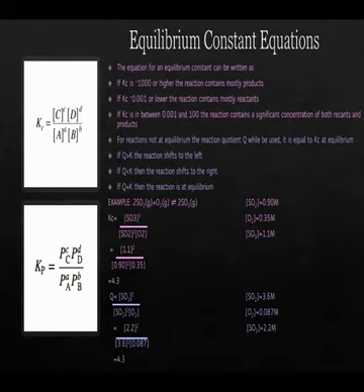Now we have to use the reaction quotient to determine if the reaction is at equilibrium. Now that we have Kc from the example above, the same reaction has happened at the same temperature, but this time we have the following concentrations on the right in purple.